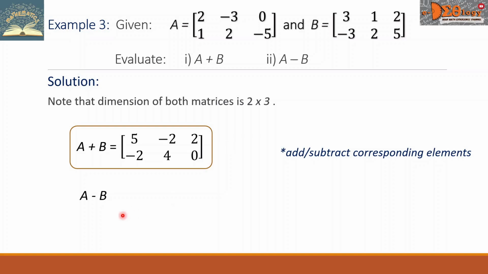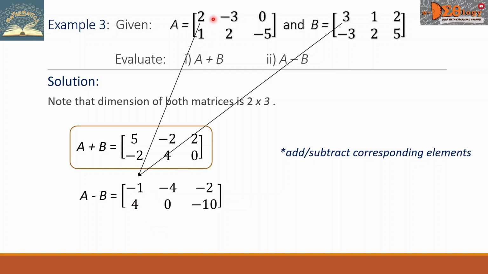And then we go to A minus B. This time, we're going to subtract corresponding elements. And the answer is here. This negative 1 comes from 2 minus 3.